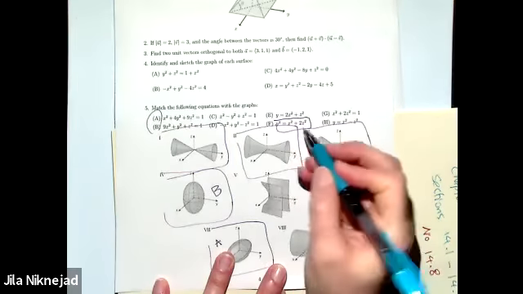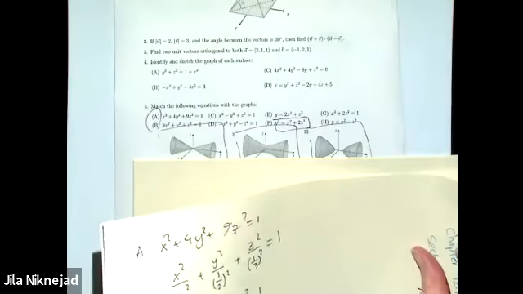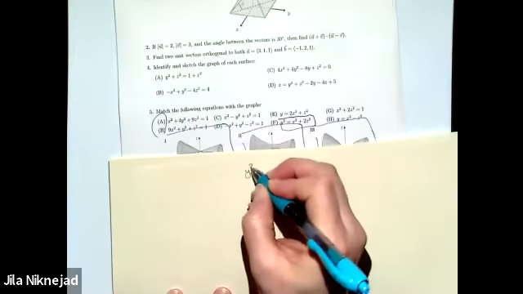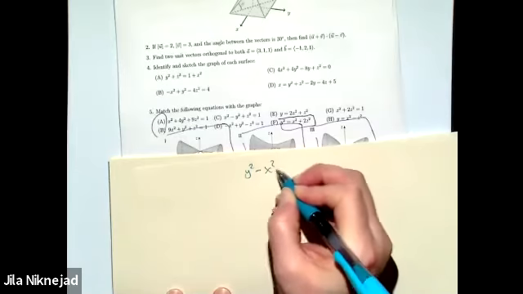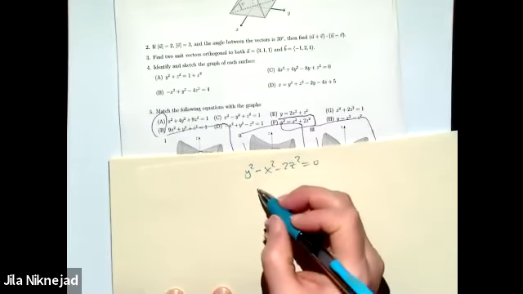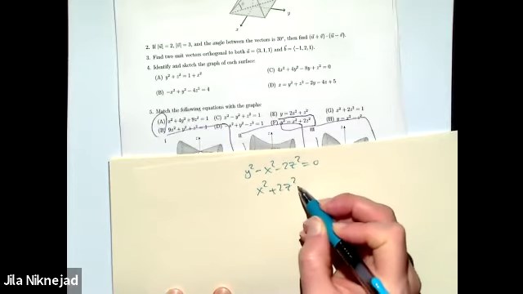Again, if I want to quickly recognize the cone, that's my trick. If I take all the variables to one side, I end up with a 0. I do like to have it in this format.